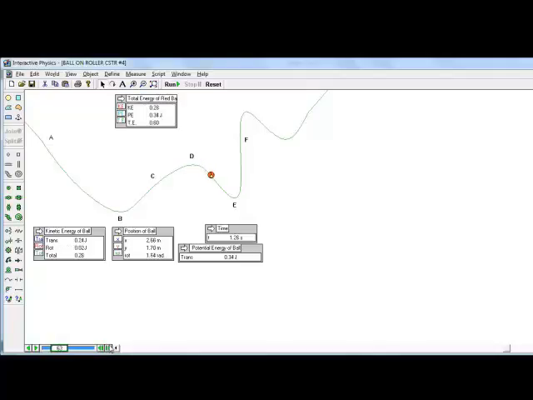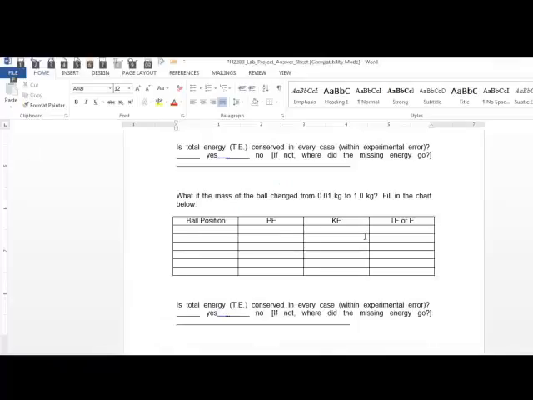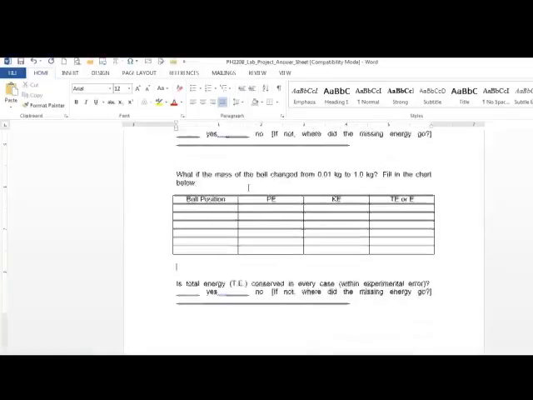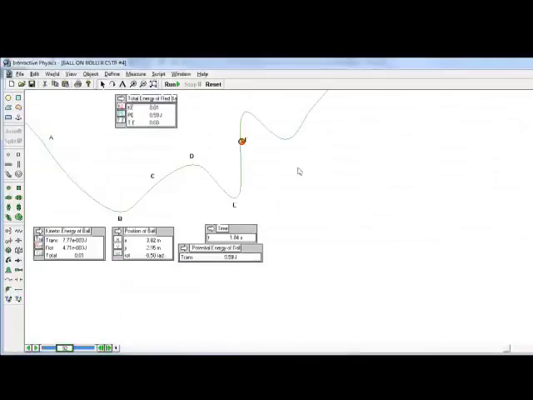You should notice a trend for all the different points, and then you should be able to go over to the lab worksheet and answer the questions. Is total energy conserved within the experimental area? If yes or no, where did the energy go? So now the next step we want to do is change the mass of the ball for our next experiment, where we're going to run this through at 1 kilogram and see if there are any differences.